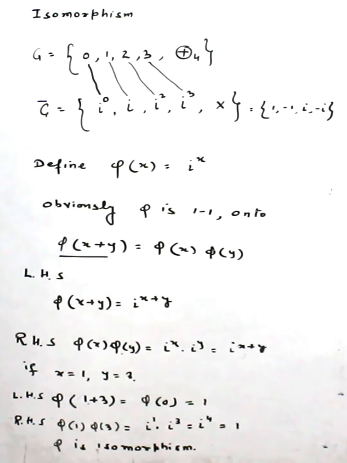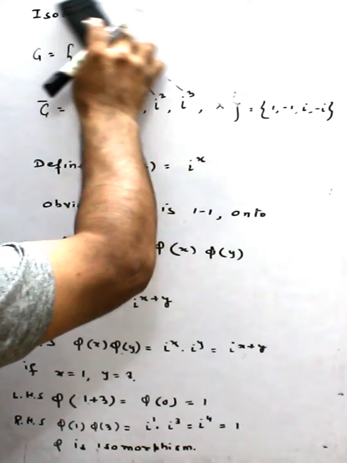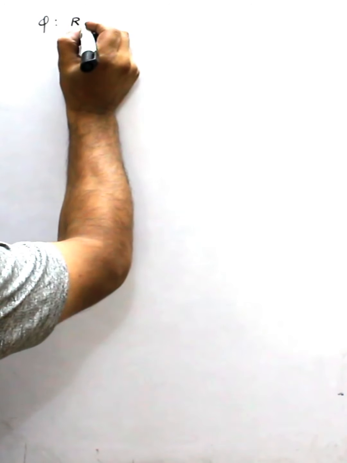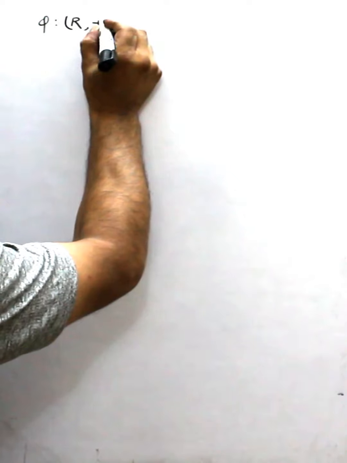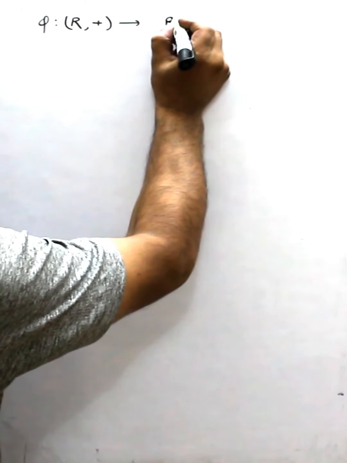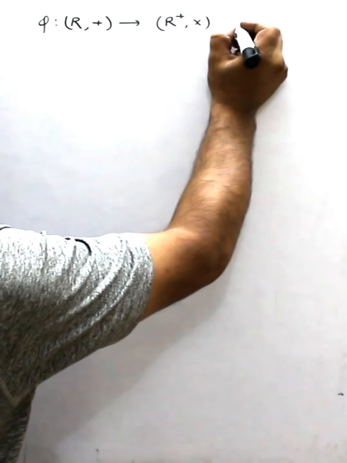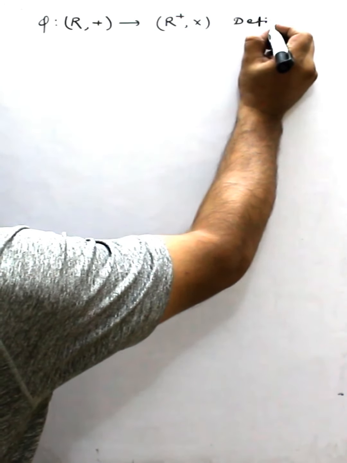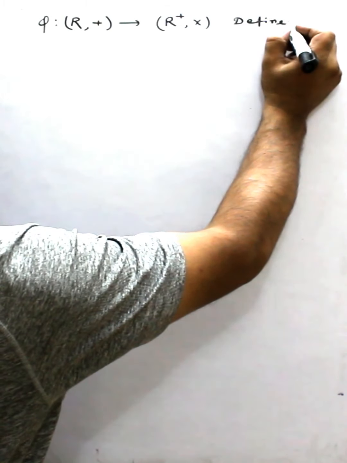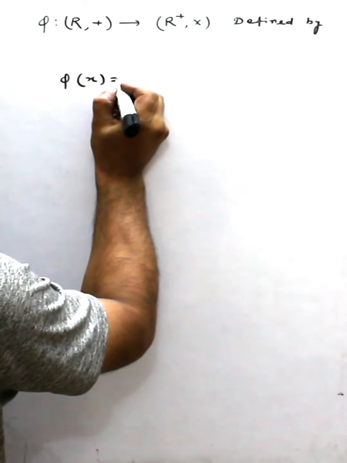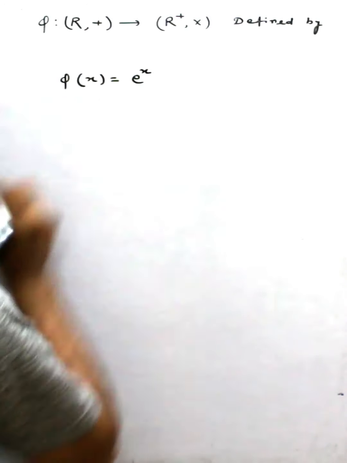Some more examples we can see. If I say I define phi from R, and the operation I take addition, and this side I take R positive, the operation I take multiplication, defined by phi(x) is equal to, suppose I say e^x.